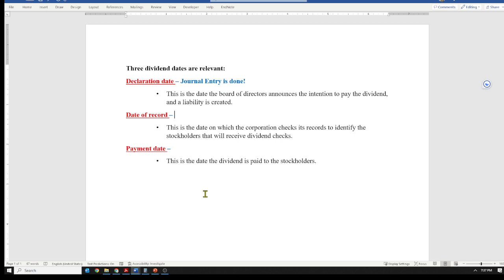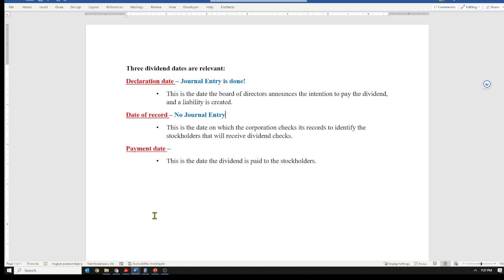Those are the stockholders that will receive the dividend checks. That just tells us who we're going to issue checks to. For accountants, we don't care about this one. There's no journal entry.